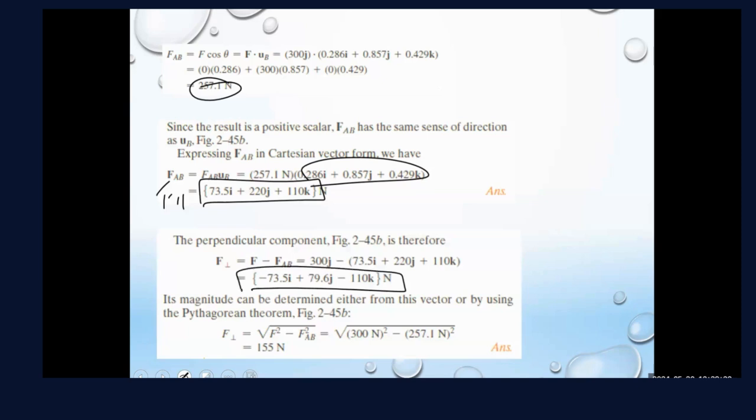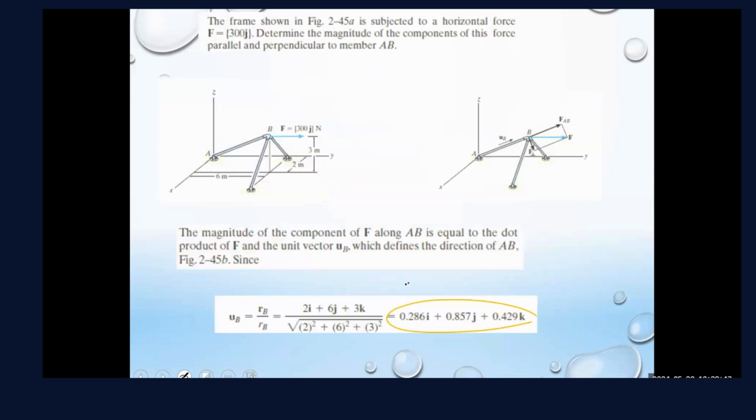And if you are again supposed to do calculation for magnitude, then you can either take the magnitude of this one, right? Or you can use the Pythagoras theorem. So you know that for this one, like we know, this vector is 300 and we know that this vector is 257, right?